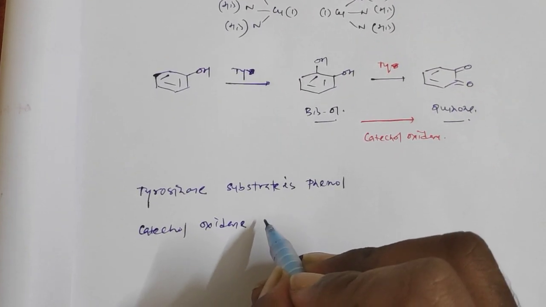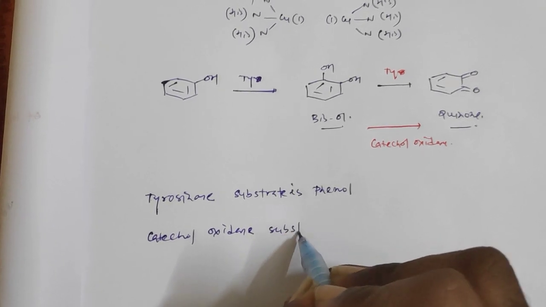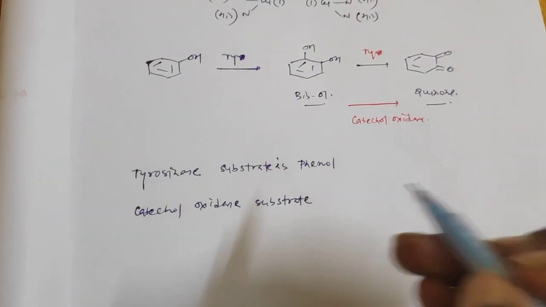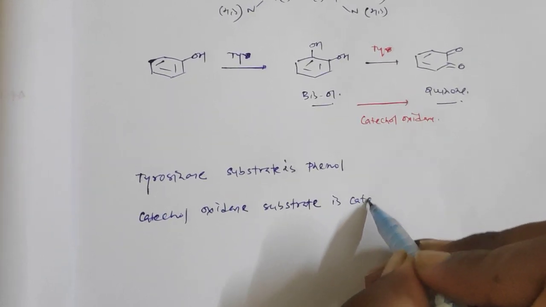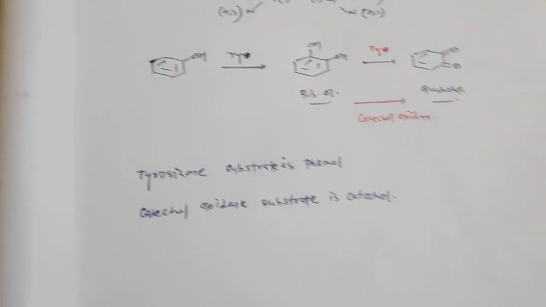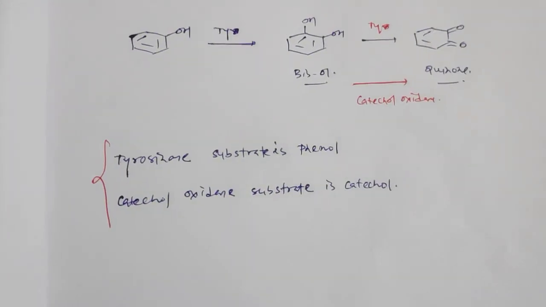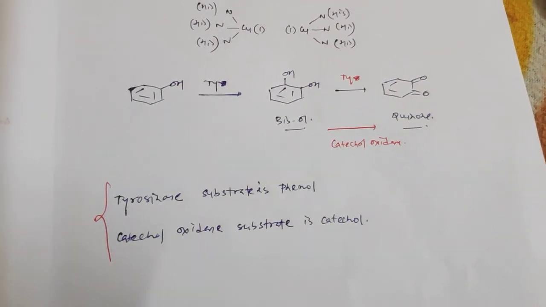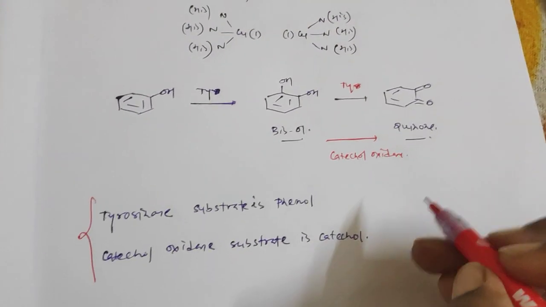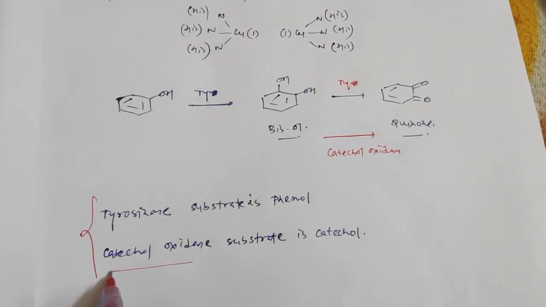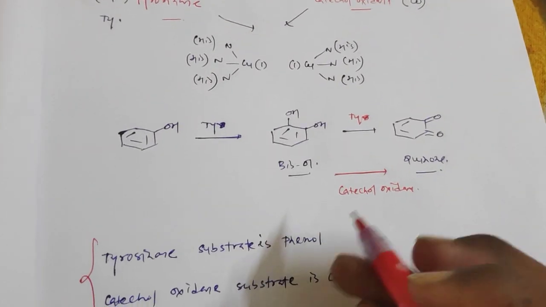So for catechol oxidase, the substrate is catechol. Why, if the active site centers are similar and both have copper(I), is the role different? The role is different because of the rotation in the copper-copper center.